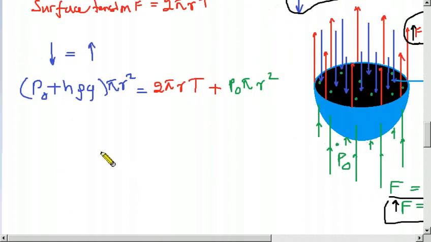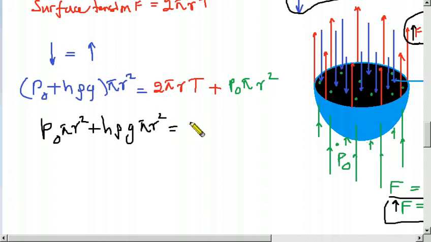Now we have to simplify this. Let us remove the brackets. P naught times πr squared plus hρg times πr squared equals 2πrT plus P naught πr squared. Whatever is possible we can cancel.